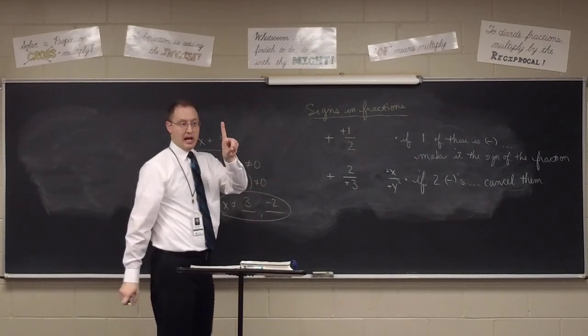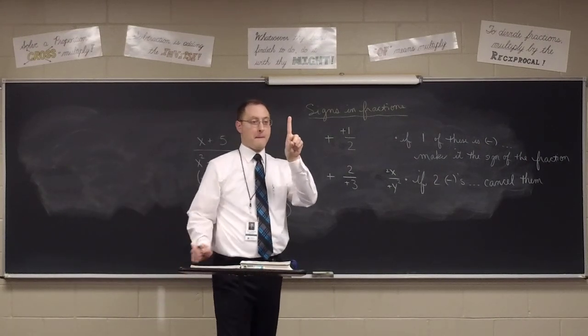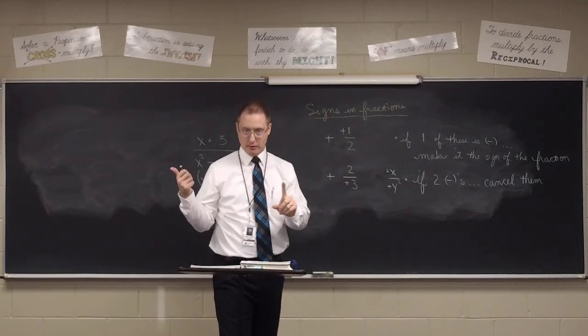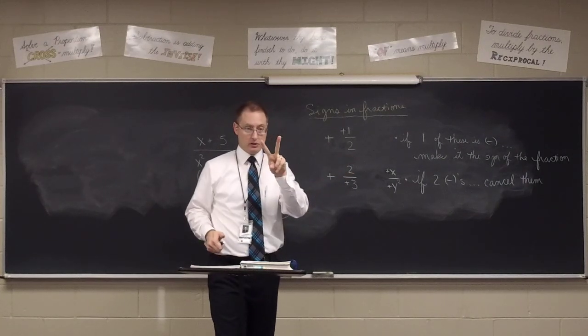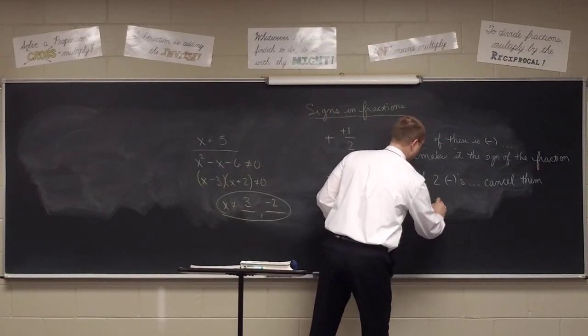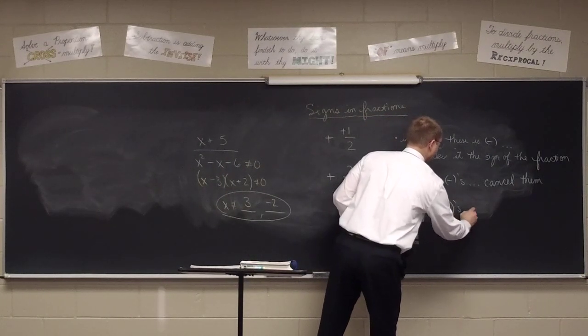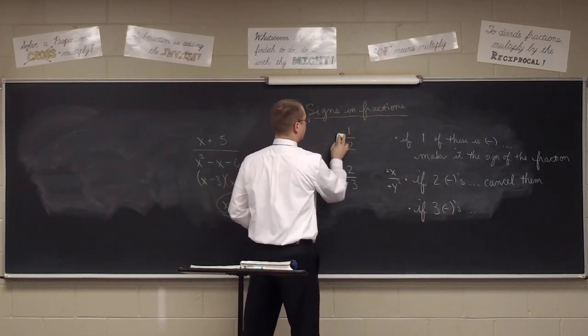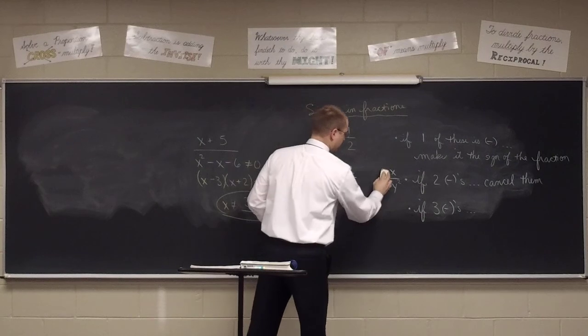One negative, what do you do, class? Move it out front. Make it the sign of the fraction is technical, but move it out front, okay? Two negatives, cancel them. What if all three are negative? So literally anything that can be negative is negative.